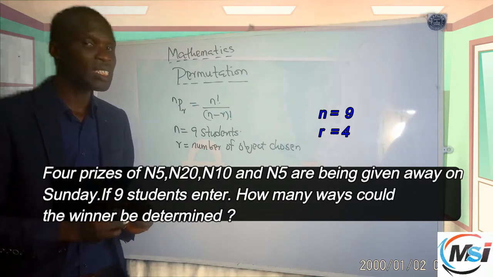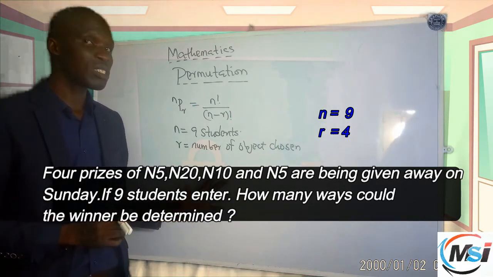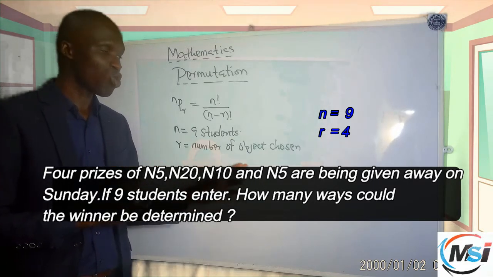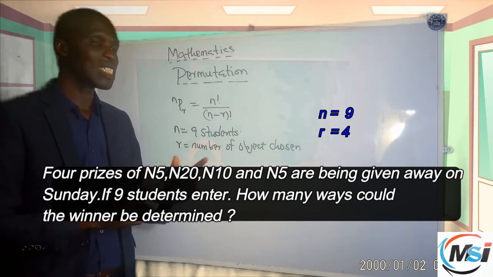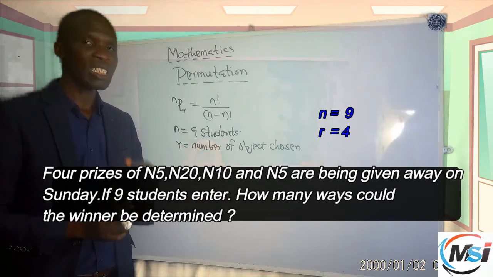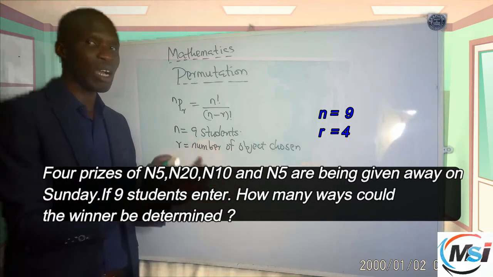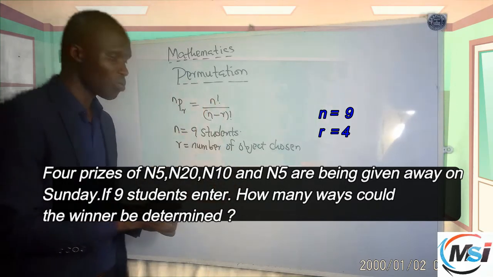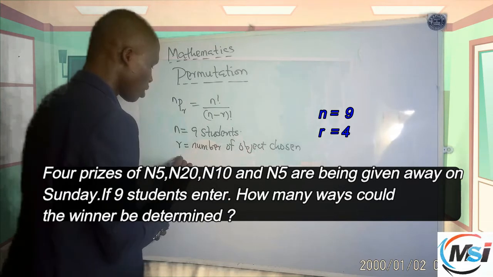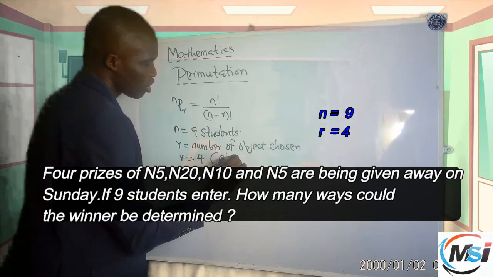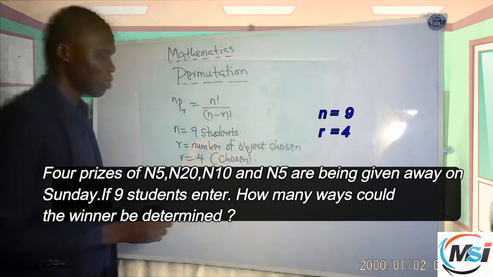So let's count them. We can see 5 naira, we can see 20 naira, that is 2, we can see 10 naira, that is 3, we can see the other 5 naira. So if you count, you are going to have 4. So this gives us r equals 4, the number chosen.